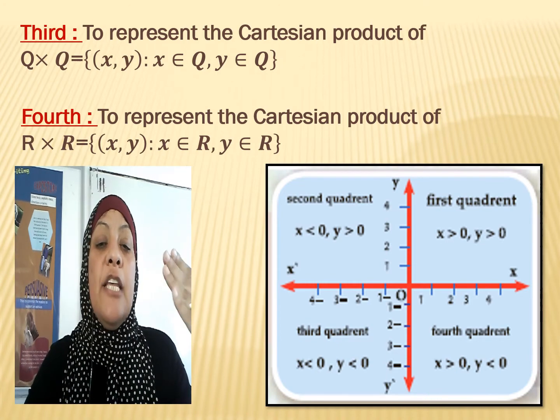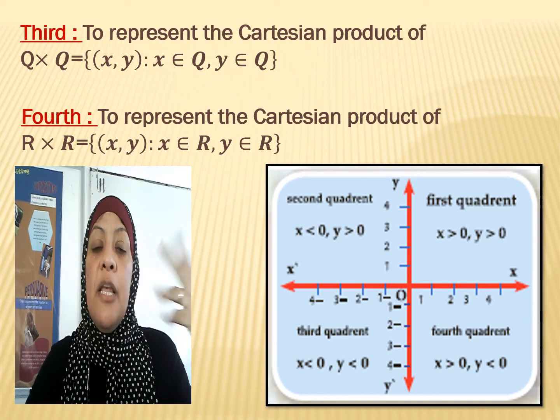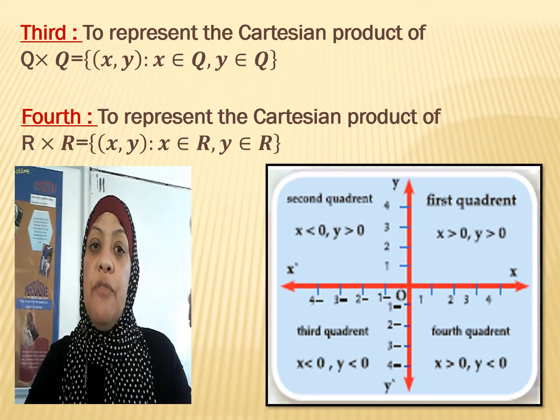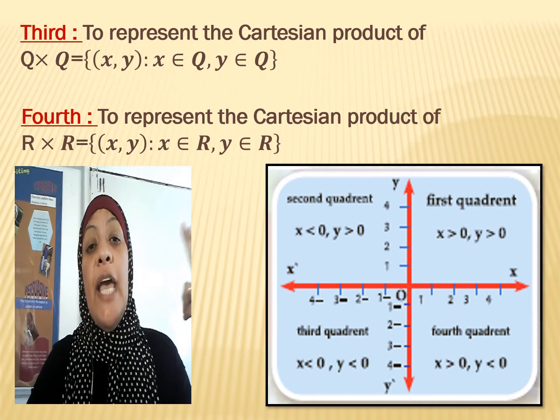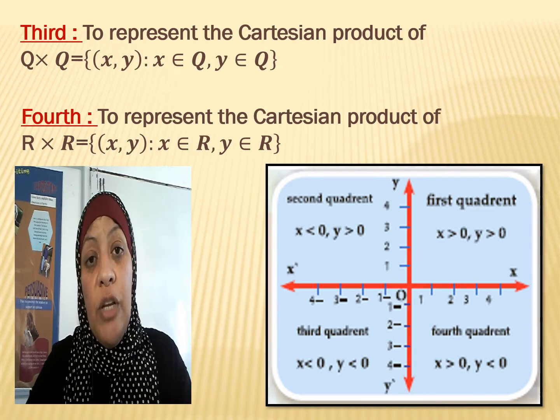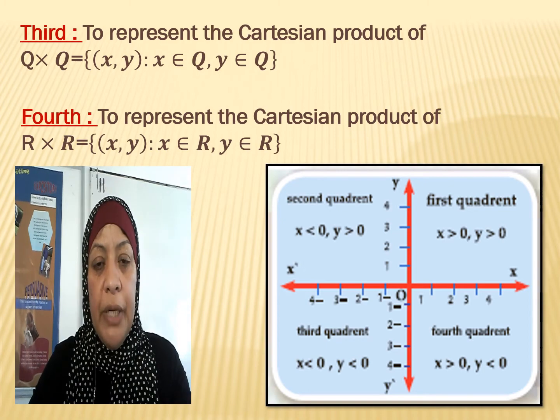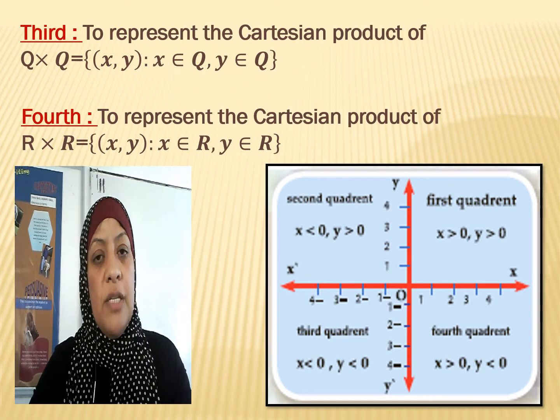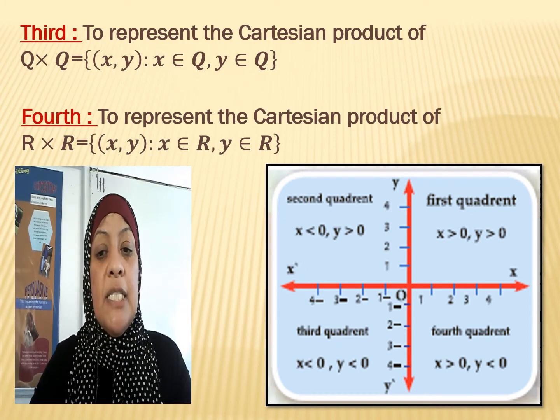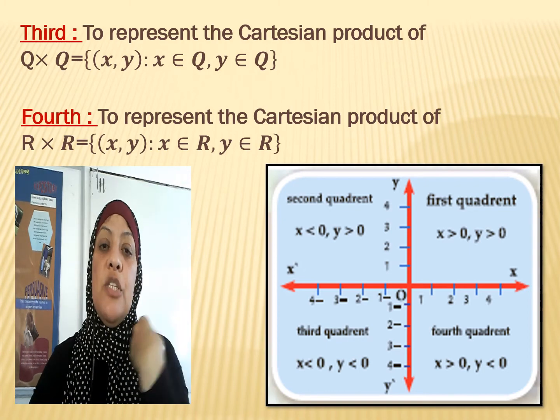So any ordered pair that has two positive projections is located in the first quadrant. Okay?